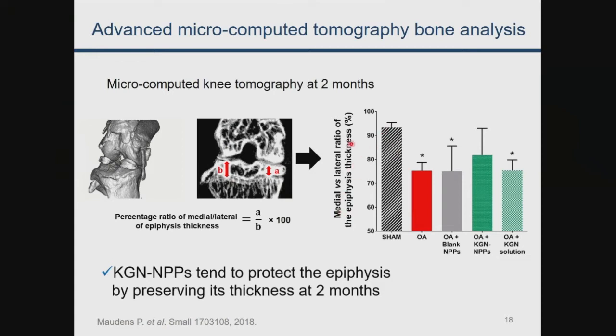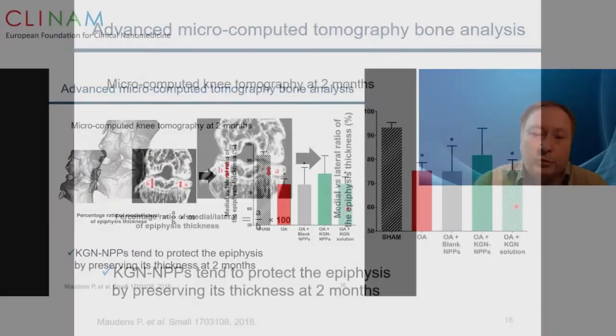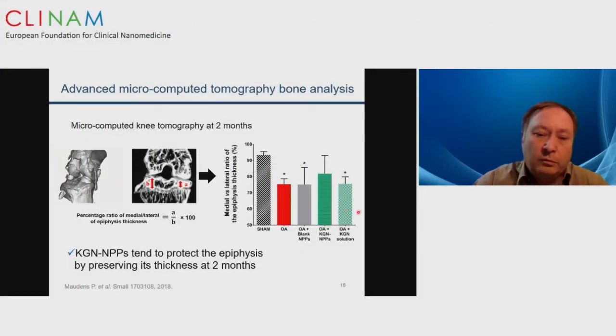This medial versus lateral ratio is reduced for a pathological osteoarthritic knee. If we use blank particles, it doesn't help to improve. And if we use solution at the same concentration injected at months 1 and 2, it also doesn't help to improve the picture. However, with the particles, we see a trend towards an improvement, a protection of the epiphysis at 2 months.